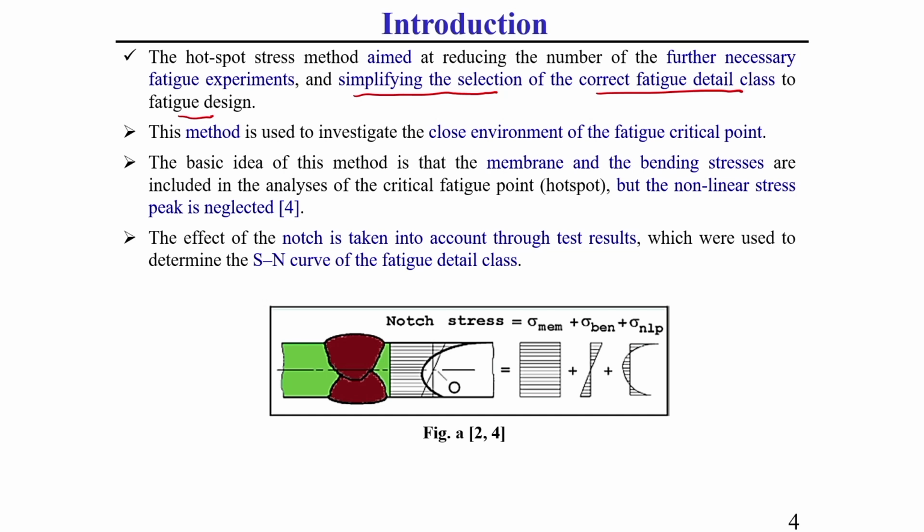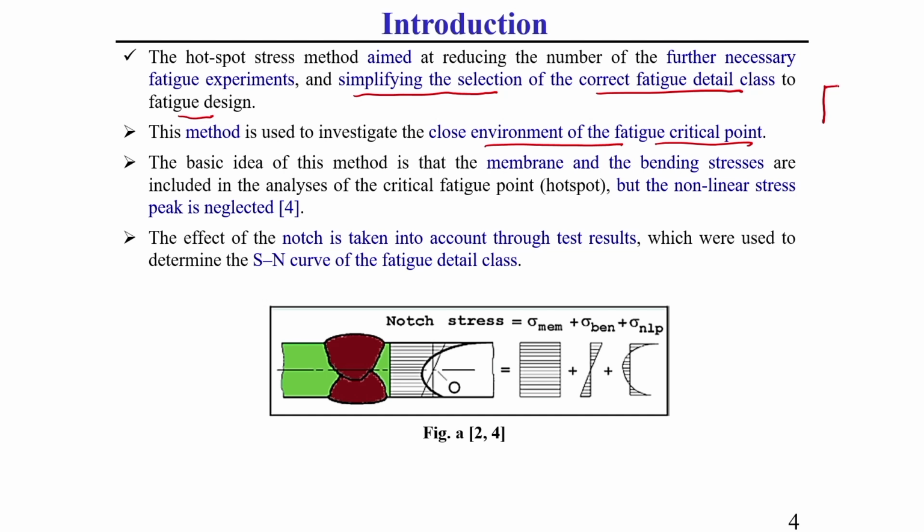This method is generally used to investigate the close environment of the fatigue critical points, understand what I am telling. Where fatigue failure is likely to happen, the close environment of those critical points can be predicted.